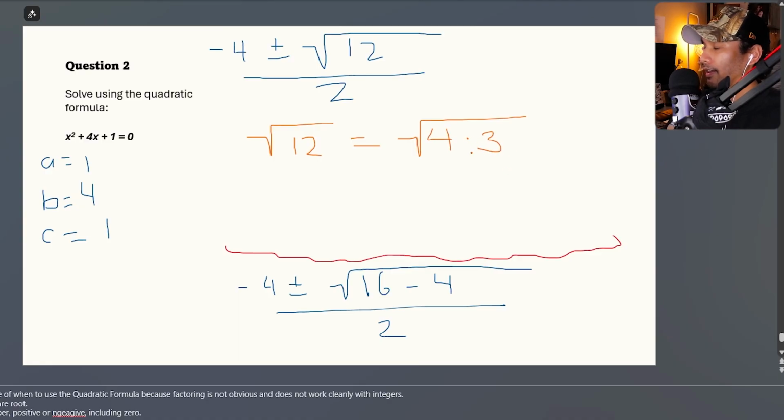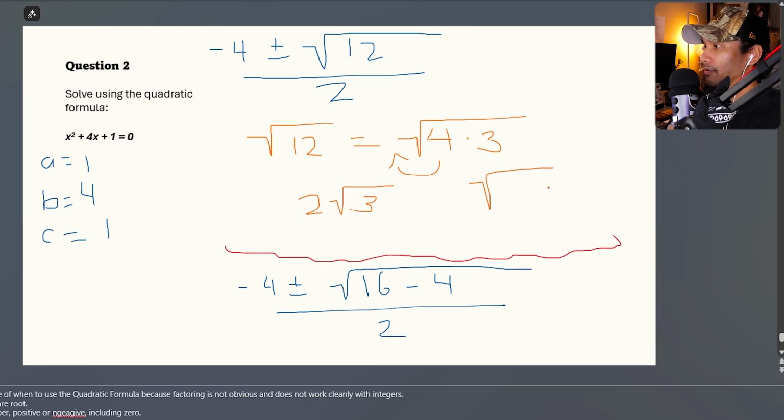Now we know 4 is a perfect square, so we could take this out of the square root. So then we get 2 square root 3, and that's all we could do.